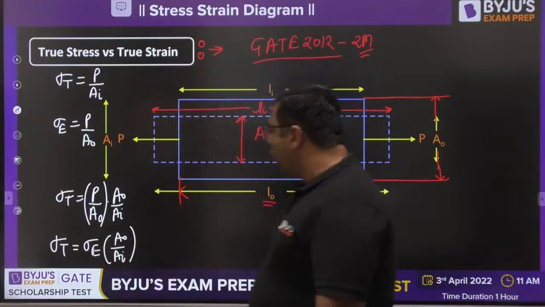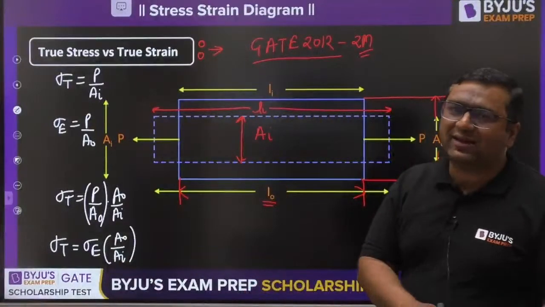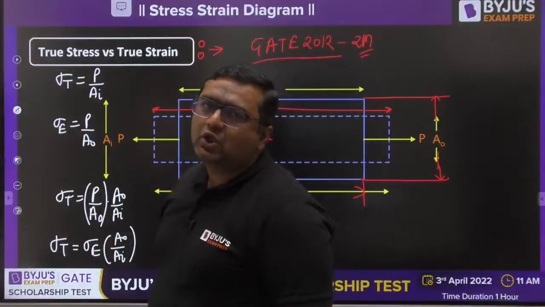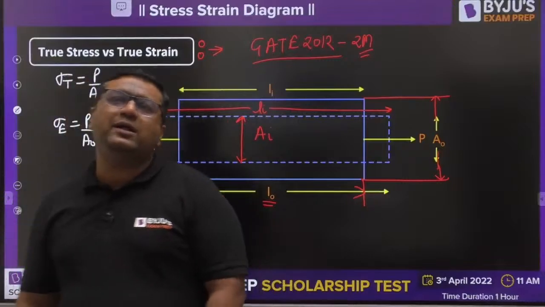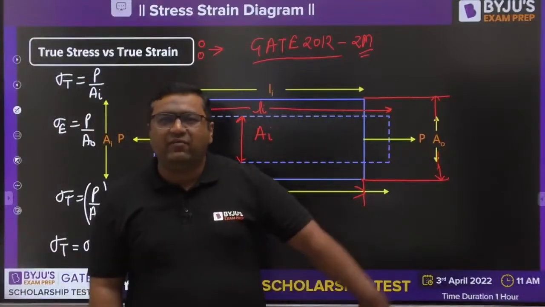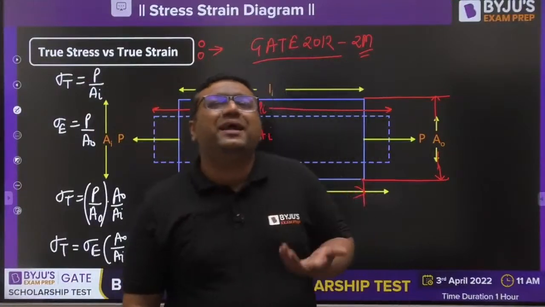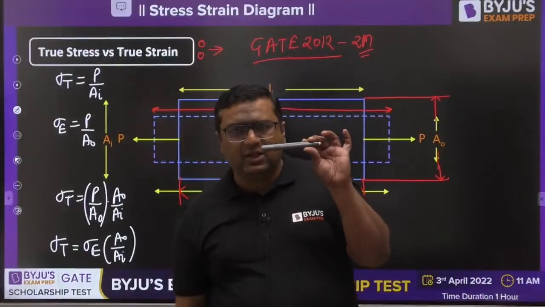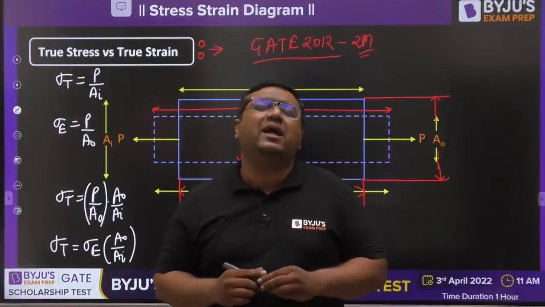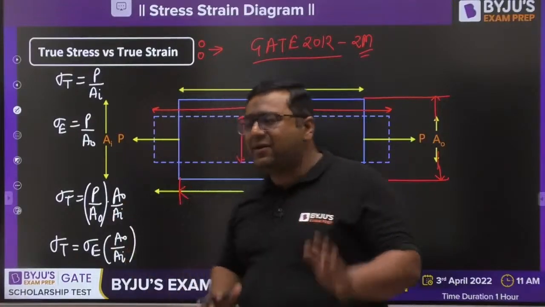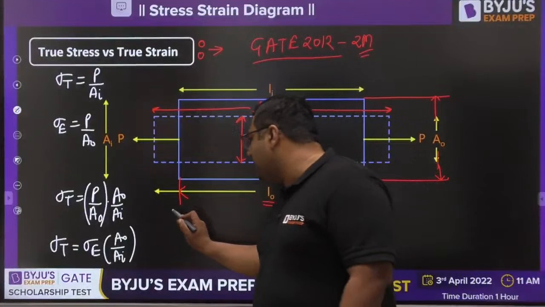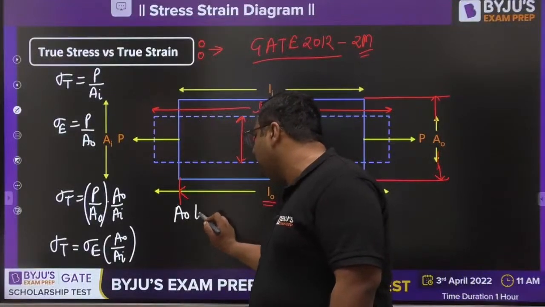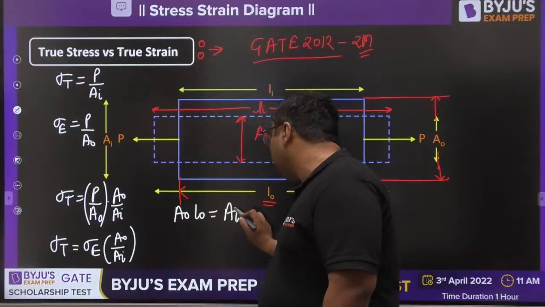So my dear, now we cannot measure the area actually during the experiment. So as Ai is not a measurable quantity, as per the measurement we cannot go with that. Then we need to make some assumption to find out this. Then we know that in the solid materials, generally the volumetric strains are negligible. They are there, but they are negligible. So my dear, if you would be assuming them to be negligible, you will get A0 L0 as Ai Li.